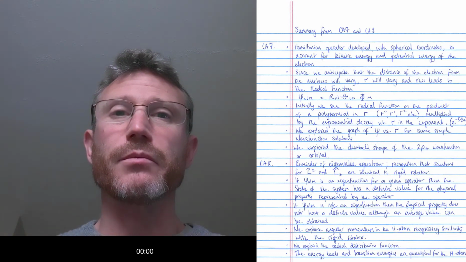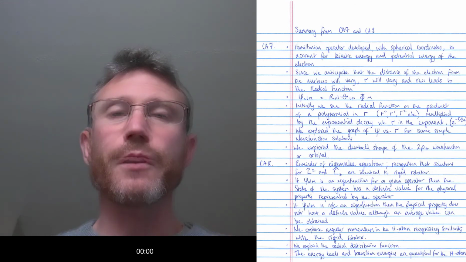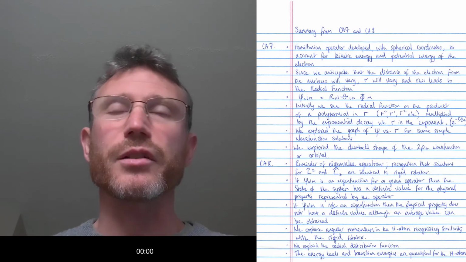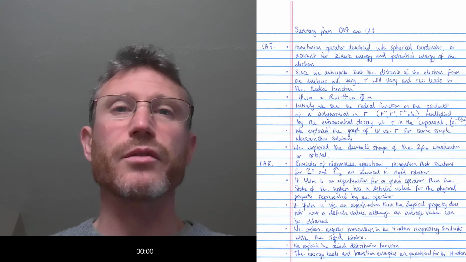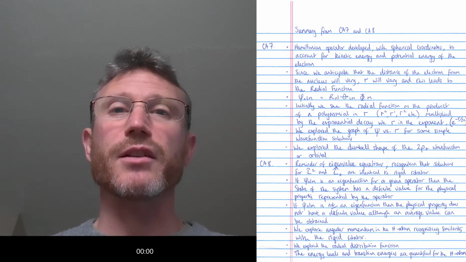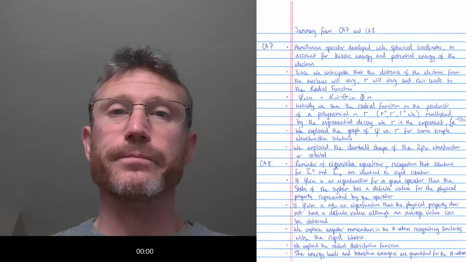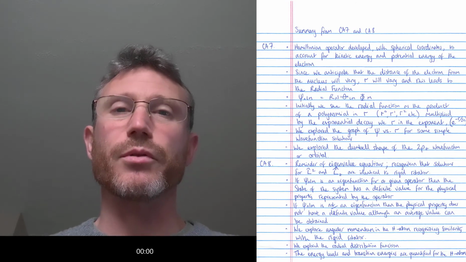When we look at the solutions to the Schrödinger equation, when we look at those wave functions, we recognize those functions are made up of a polynomial in r, that is r to the 0, r to the 1, or r squared, multiplied by an exponential decay in terms of r, such that the e is raised to minus r over 2a, where a is equal to the Bohr radius.